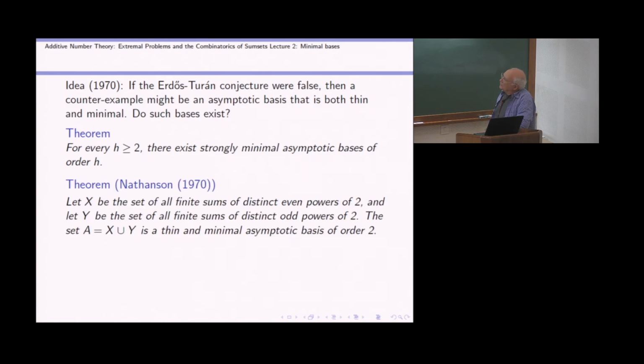The first example of this, exactly 50 years ago, says that if you take the set of all finite sums of distinct even powers of 2 and the set of all finite sums of distinct odd powers of 2, and you take the union of them, you get a set which is both thin and a minimal asymptotic basis of order 2.